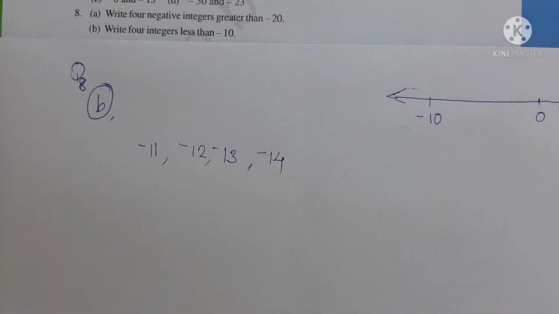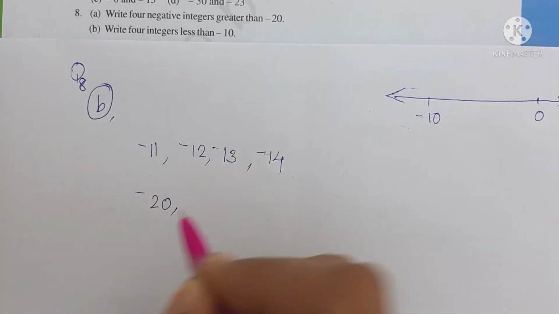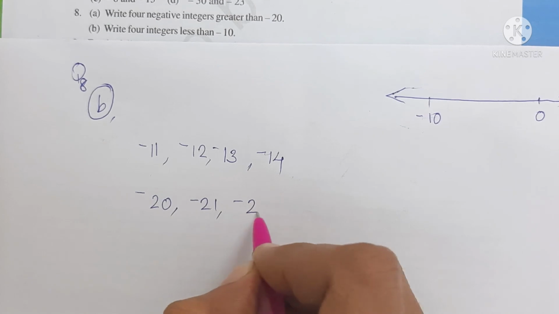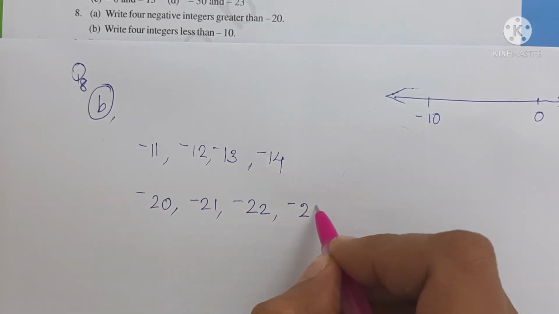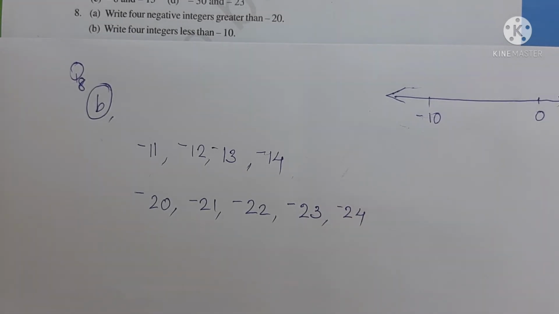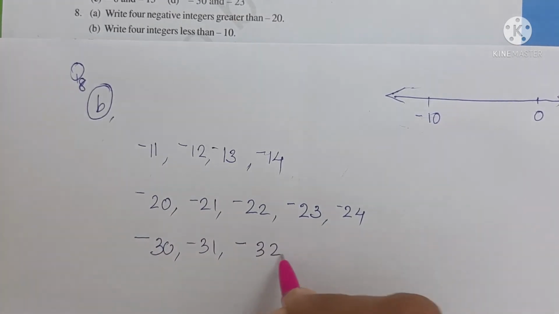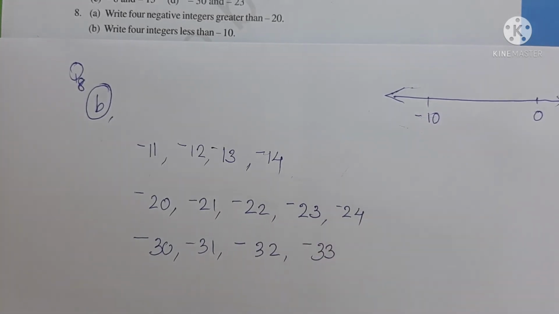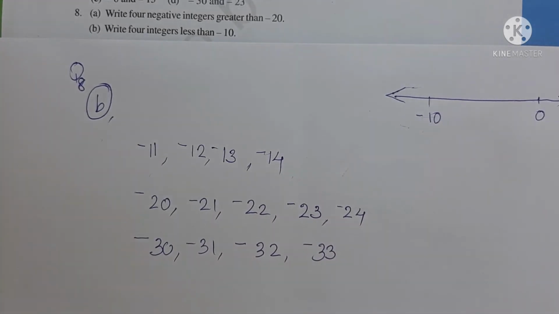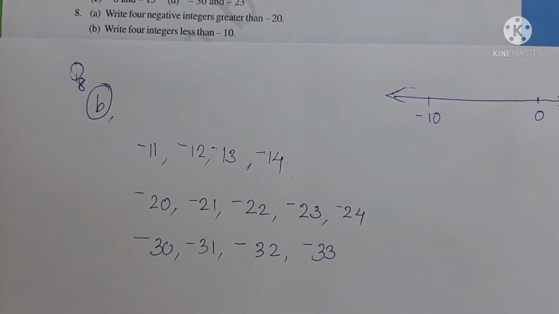You can write another set: minus 20, minus 21, minus 22, minus 23, minus 24. Or you can make another set: minus 30, minus 31, minus 32, minus 33. All these sets are correct because the question is 4 integers less than minus 10.